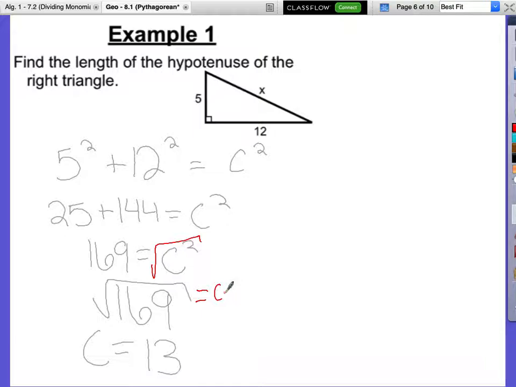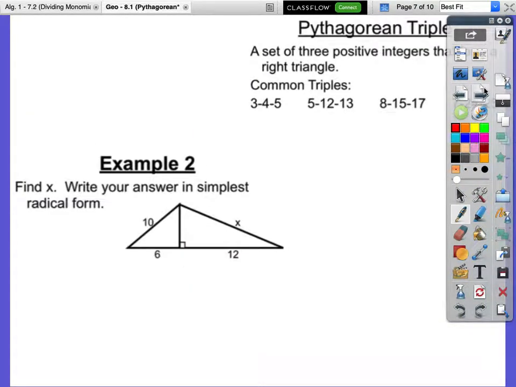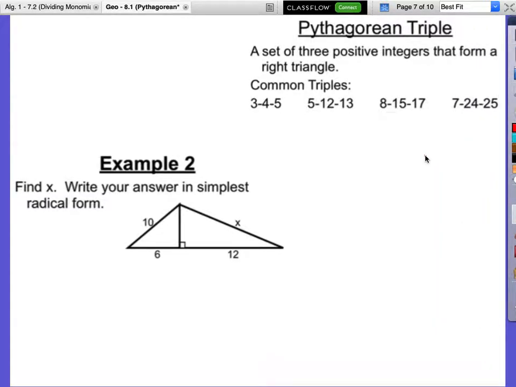Okay, question on this example, guys. Right below that, what's it say? Pythagorean triple. What's that mean? For the Pythagorean theorem, we have certain whole numbers that will always work out a certain way.